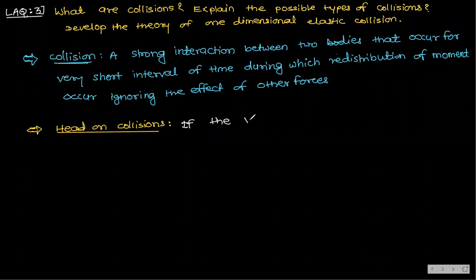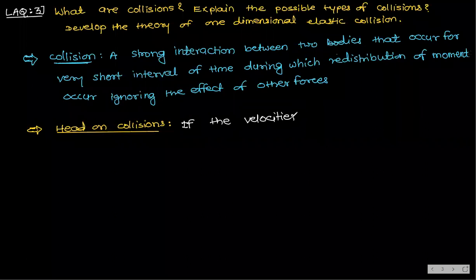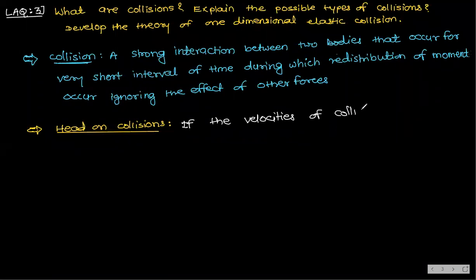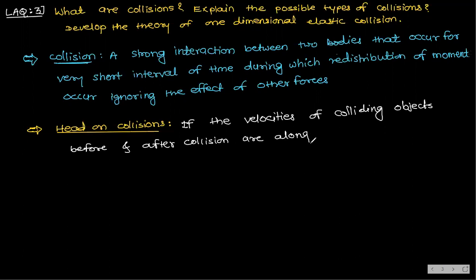So see, if the velocities of colliding objects before and after collision are along a straight line, such collisions are known as head-on collisions.